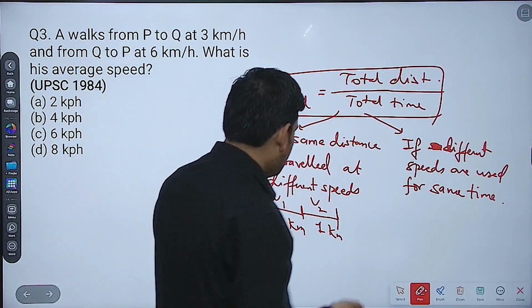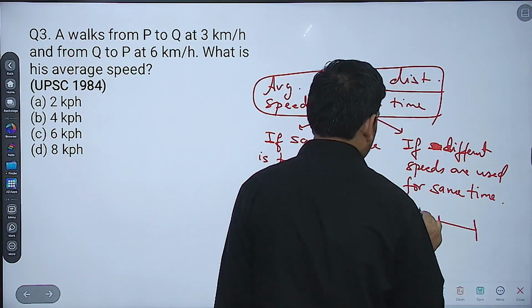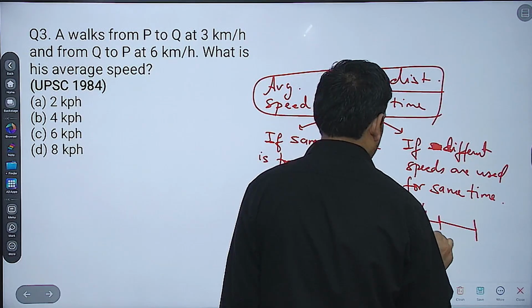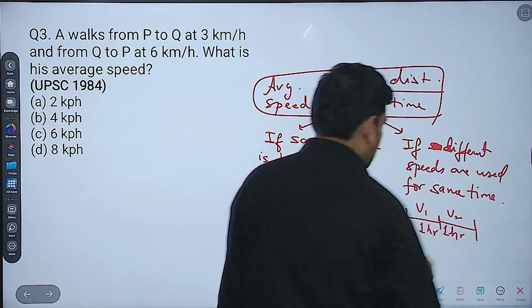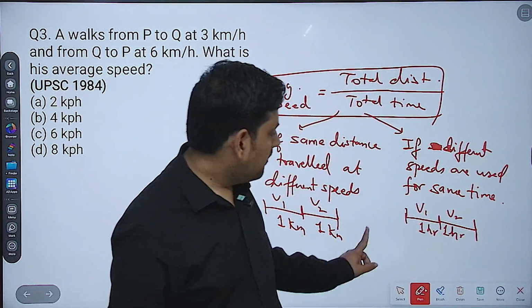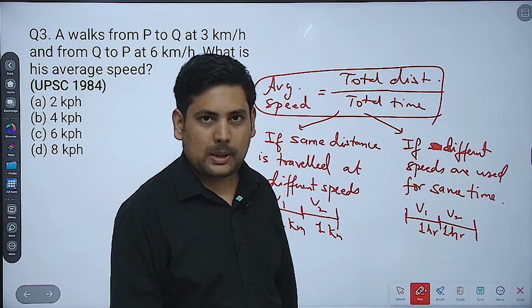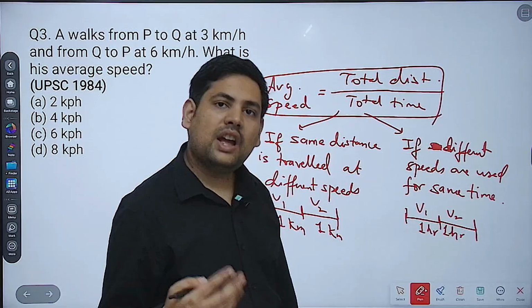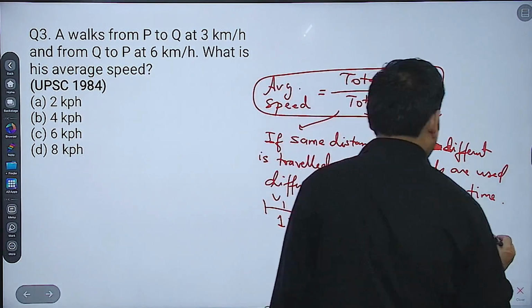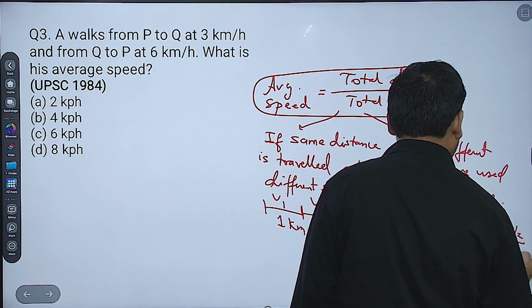Then the other scenario is, it tells you that a vehicle travels 1 hour at v1 speed and 1 hour at v2 speed. Now in this scenario the average speed will be simply v1 plus v2 by 2.